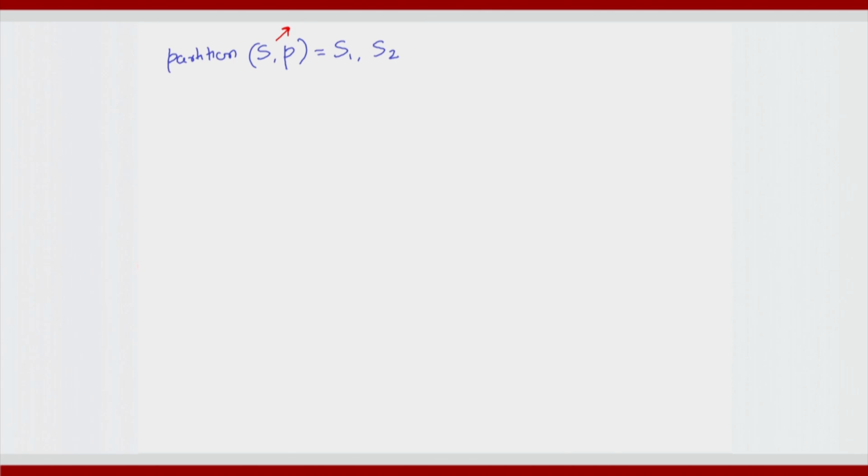We will assume that S begins at position L and ends at position P. What we mean is, this is position L and this is position P, and our goal is to have all S1 on the left and S2 on the right, but we will assume that the pivot is with respect to this last element. Let us call it V. So the first thing we will do is set V to the value of S at position P and assume that P is the last position.